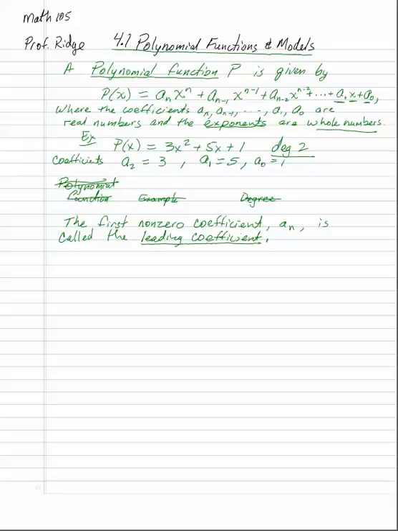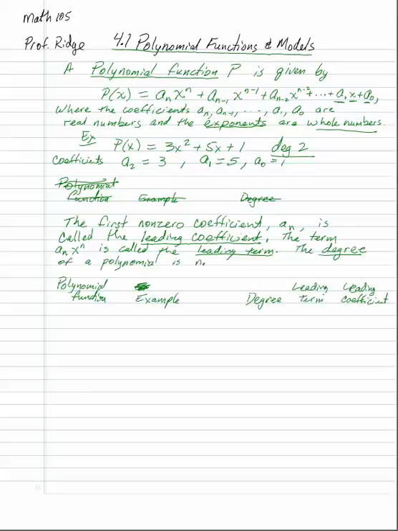The leading coefficient is the coefficient for the highest degree term. The term a sub n x to the n is called the leading term. So again, the highest degree is going to give us the first term when you put it in descending order. And of course the degree will be n.